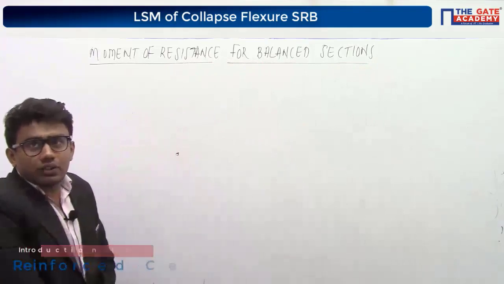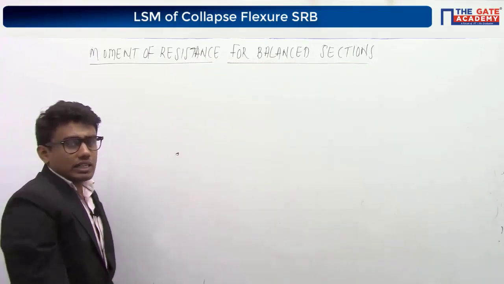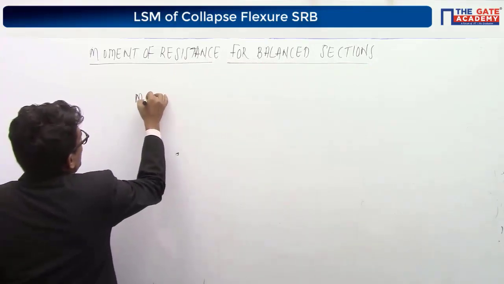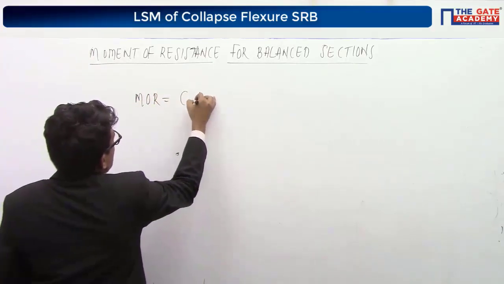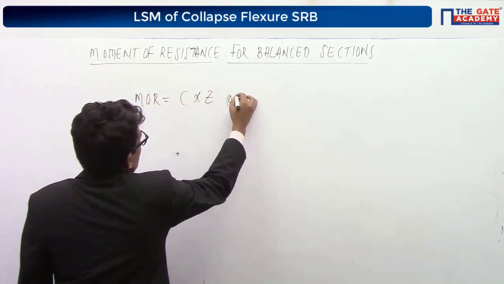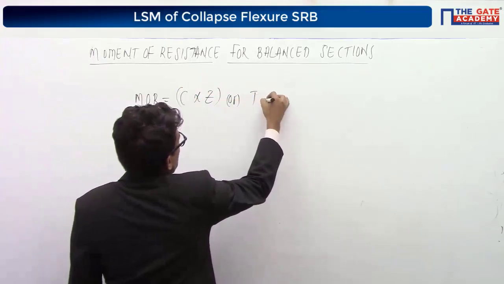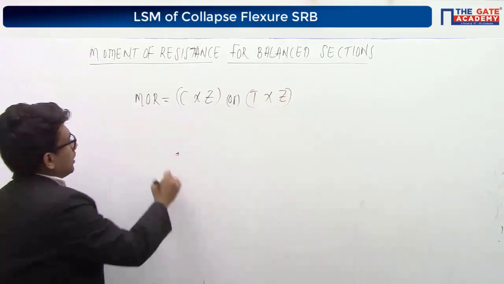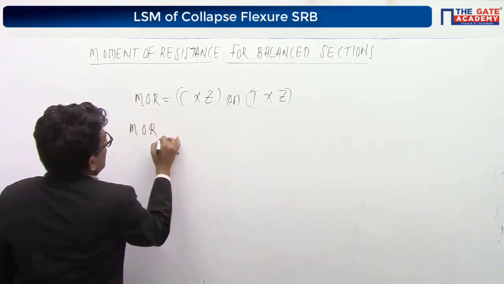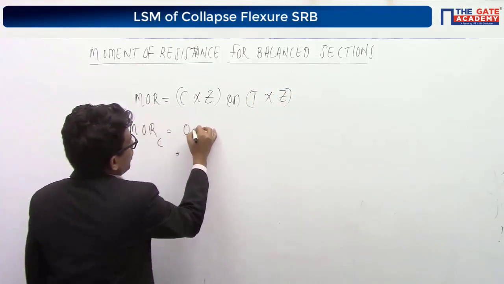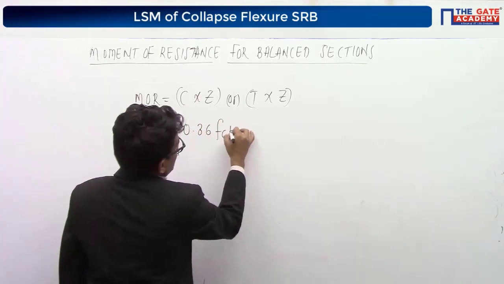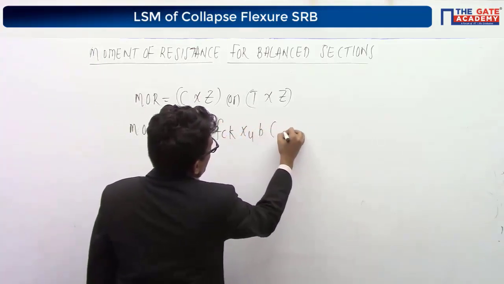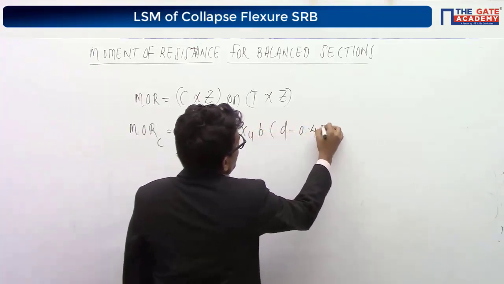See, we know already the equation for finding the moment of resistance, right? What is the moment of resistance equation? Moment of resistance is equal to C into lever arm or T into lever arm. If I consider the compressive force, the moment of resistance will be equal to 0.36 FCK XU into B into D minus 0.42 XU.